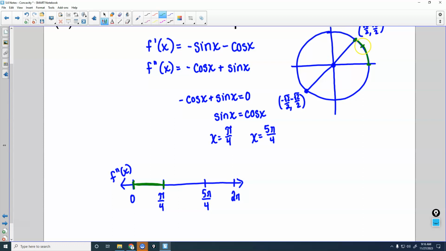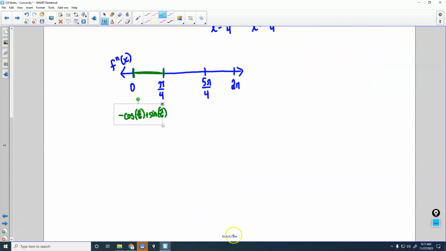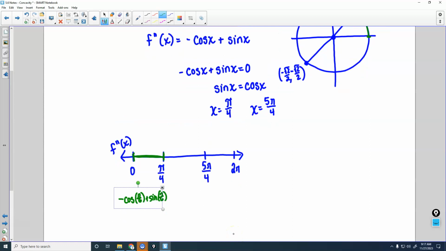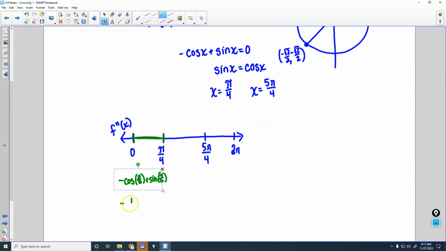Definitely, though, we could use pi over 6 right here, right? And at pi over 6, you got square root of 3 over 2, 1/2. So if we think about plugging in pi over 6, we would have negative cosine of pi over 6 plus sine of pi over 6, which is going to give us negative 1/2 plus square root of 3 over 2.